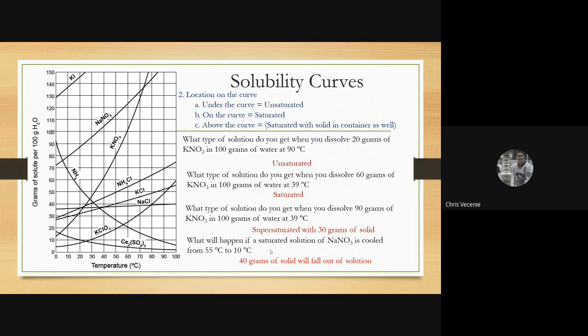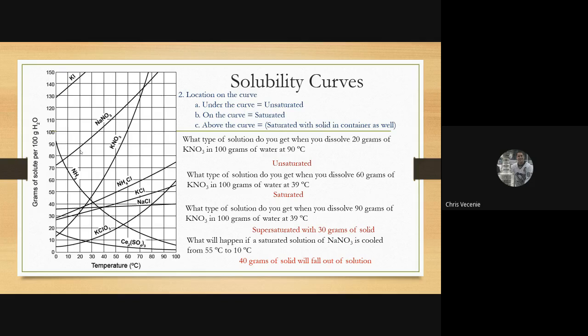And more snow, solid, falls out of the solution until you drop back down onto the curve and the solution becomes saturated. So those are the styles of questions you'll see about where you are above, on, or under the curve.